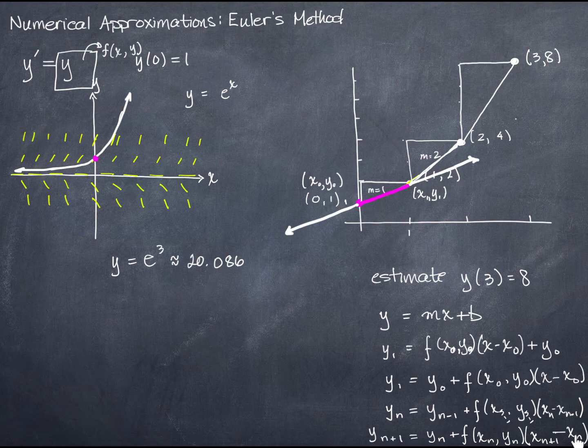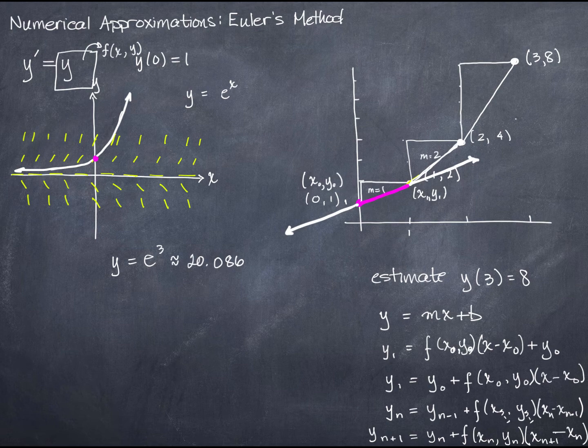My new x value minus my old one, times my old slope. To get this point, I have to use the slope from here, right? The slope at this point was this line right there. So I'm using the slope from the old line to get the new point, and I'm using the old y-intercept to get my new y value.